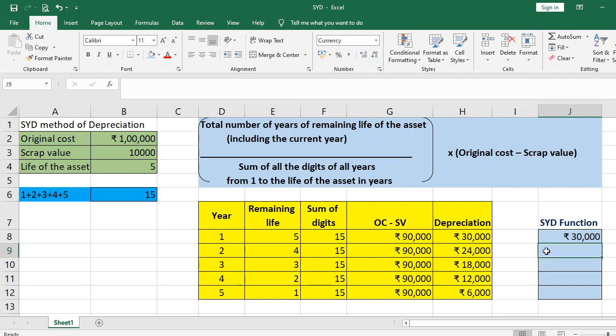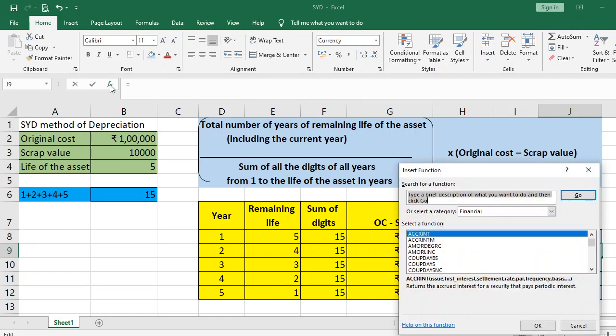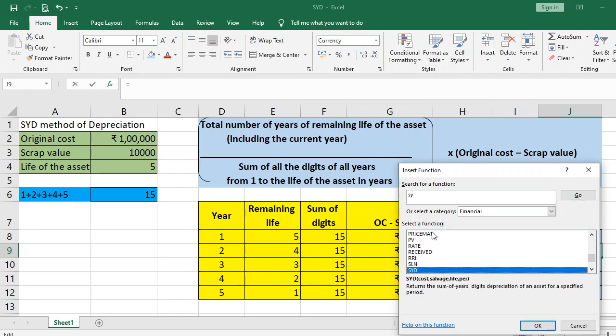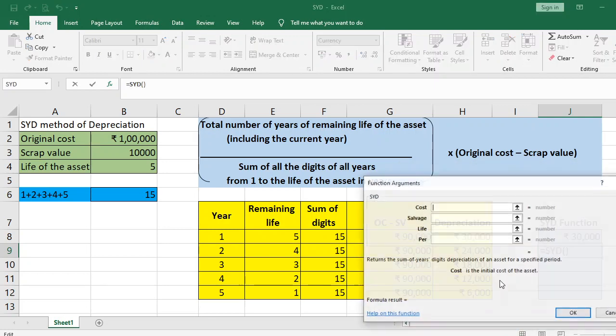Let us do it for the second year. fx insert function, financial, there we choose SYD. Then cost, same thing, B2, salvage B3, life B4, then period is second year, therefore we put 2.